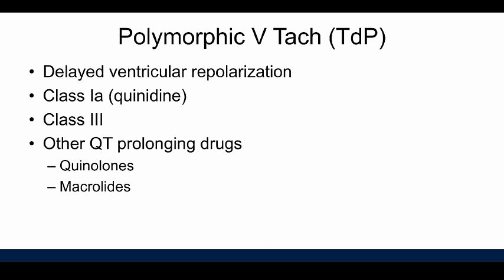So how many prescriptions do you see for Cipro, for levofloxacin, for azithromycin come through your pharmacy? That patient who is on a drug like sotalol, in addition to a macrolide or a quinolone, is at an increased risk of this. So that might be a significant drug interaction. This is probably something that as a pharmacist you'd want to at least consider notifying the physician of.